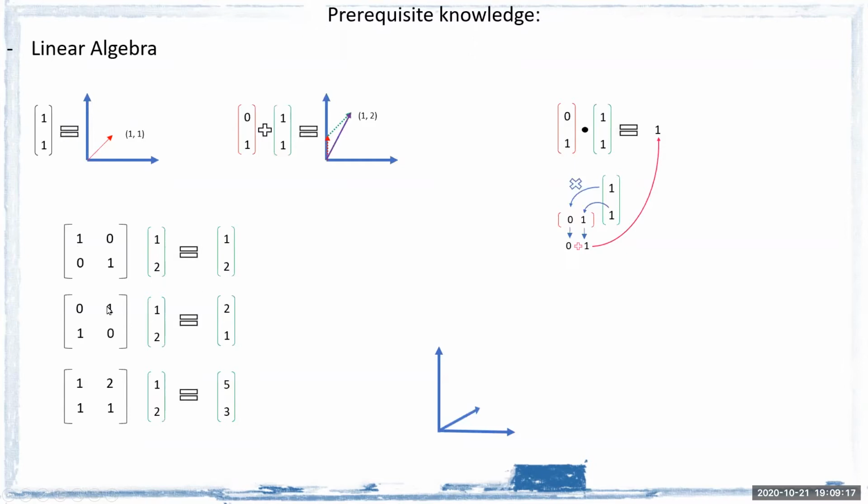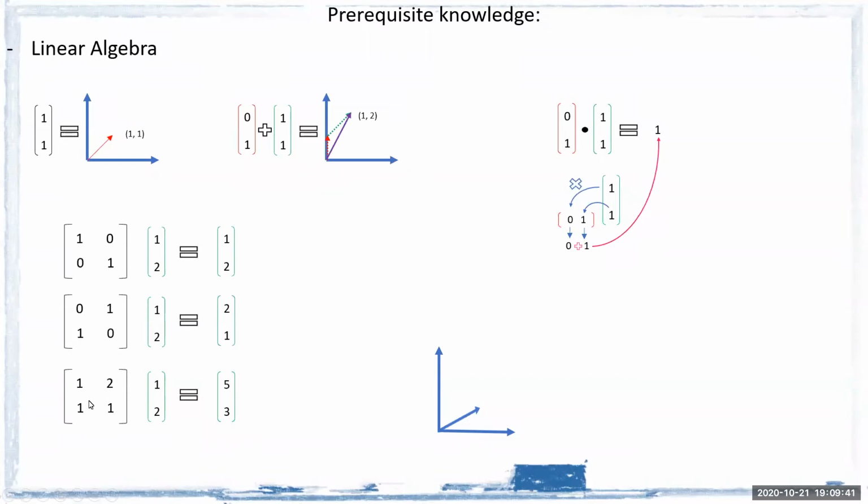If you have 1s in the minor diagonal, you'll get this vector flipped upside down, because you get this component, and then the 0 negates this first one, and that'll give you the 2. And this one, you'll get the 1 back.